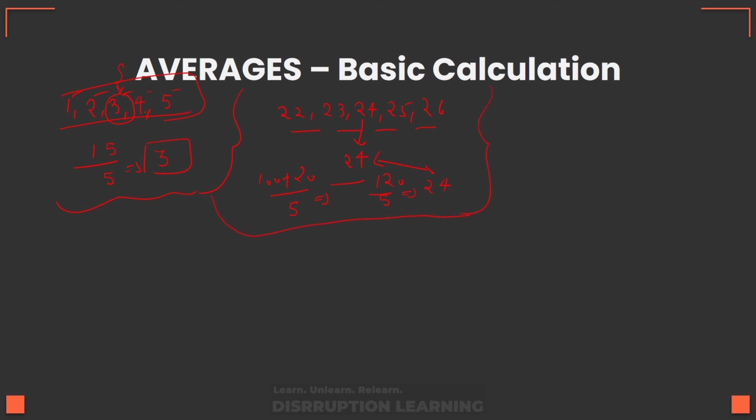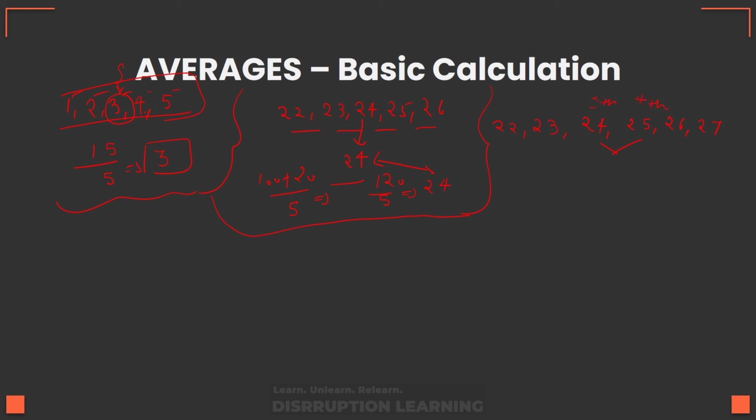Now what if we have an even number of terms? In this series we have 22, 23, 24, 25, 26 and 27. These are 6 numbers. What is the shortcut for this? This time the shortcut is going to be bang in the middle of the middle 2 values, the third and the fourth value.